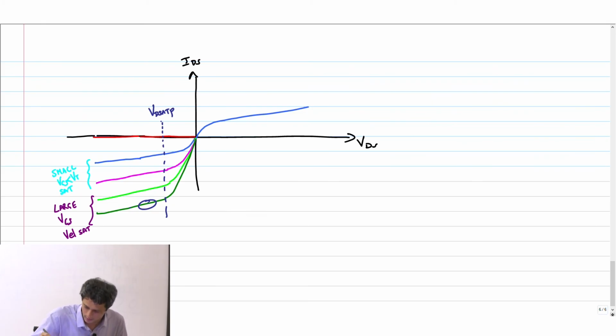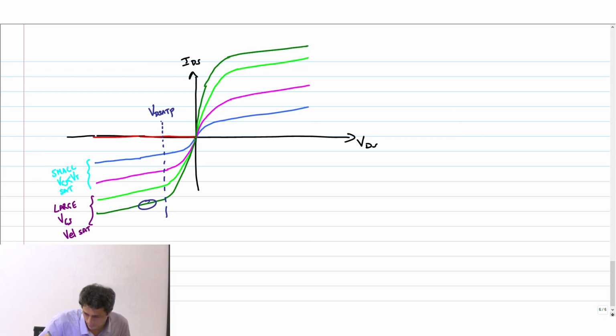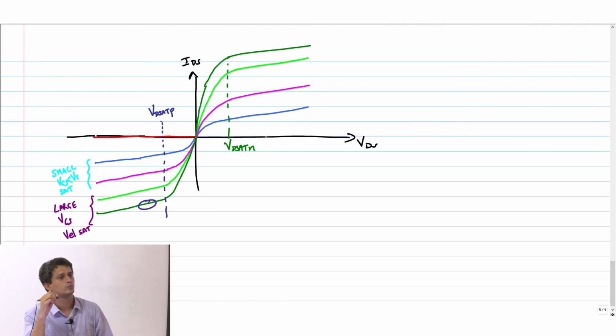The magenta again can be in saturation, and this will be your VDSAT N. The current is saturating at a particular VDS value.